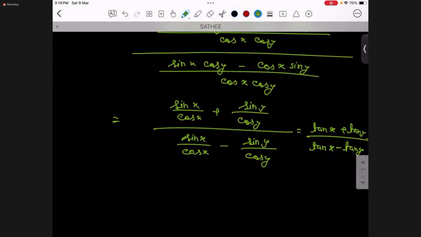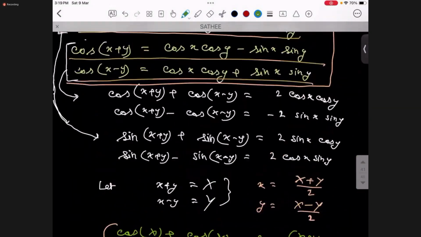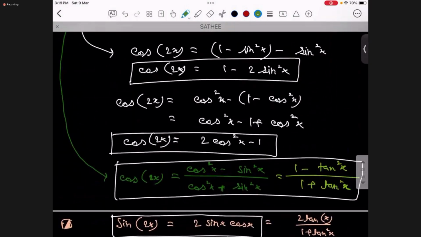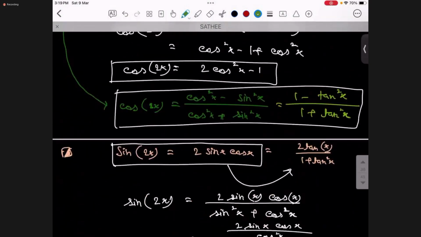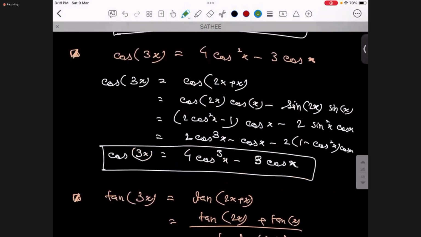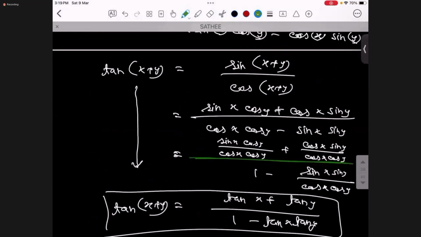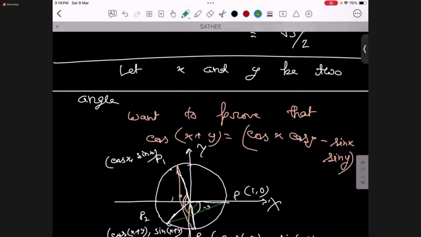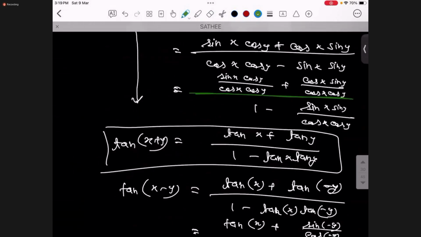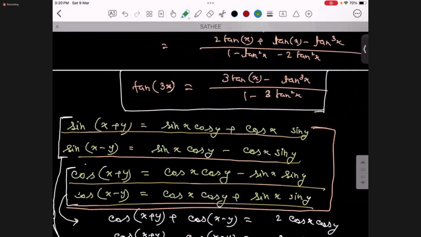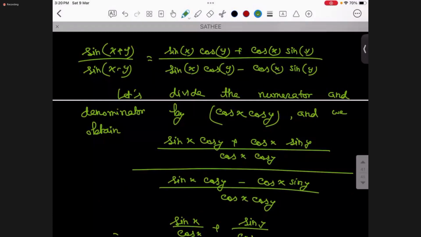Now, in the last class, we have already discussed one thing. Actually, we can reduce the formula for sin(x plus y) in terms of tan x and tan y, so from there also one can easily show this statement.